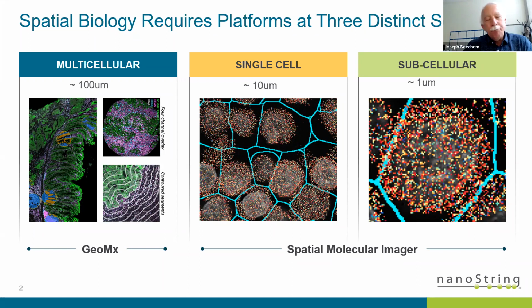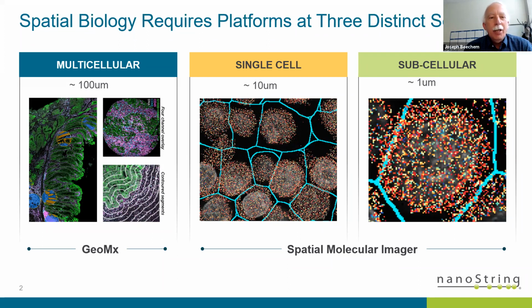When I talked a few months ago, I really emphasized the panel on the left here, the multicellular whole transcriptome Geomics digital spatial profiler. That was a technology we launched at the AACR meeting in 2019. Now there's a couple of hundred of them out in the real world.